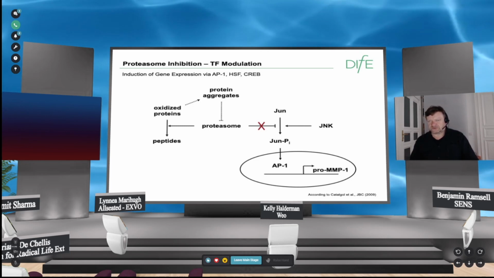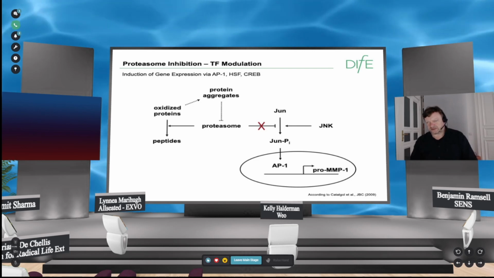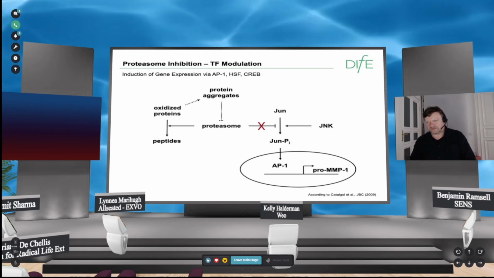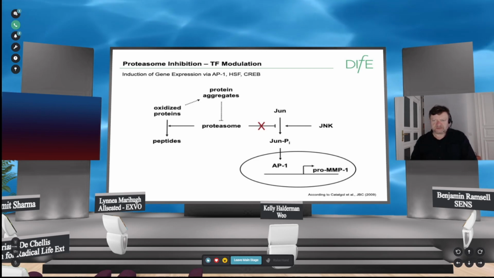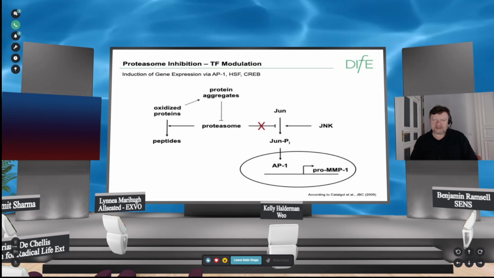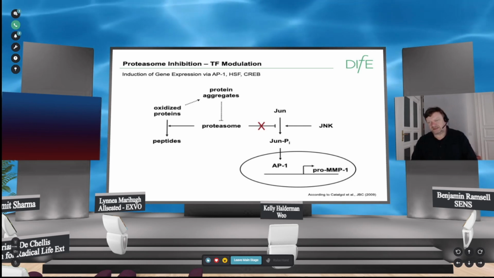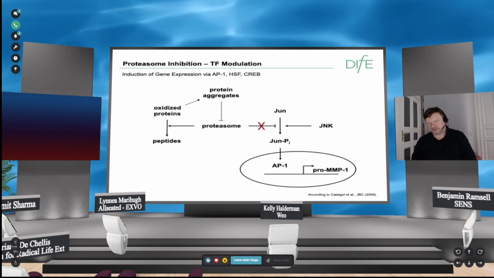And if you have a lot of Jun, you have a lot of phosphorylated Jun, and a lot of AP1 transcription factors, and a lot of MMP1, the matrix metalloproteinase. So by inhibiting the proteasome, you can increase the expression of other proteins in the cell.